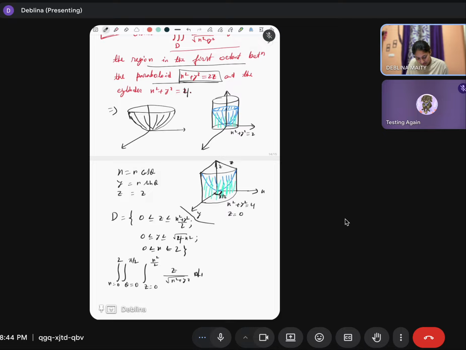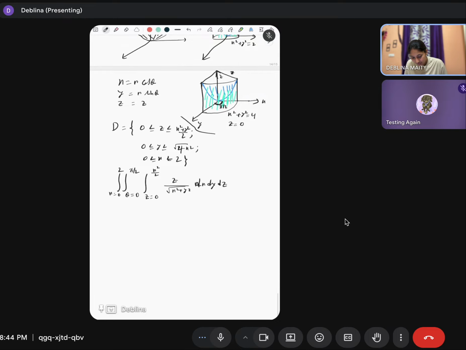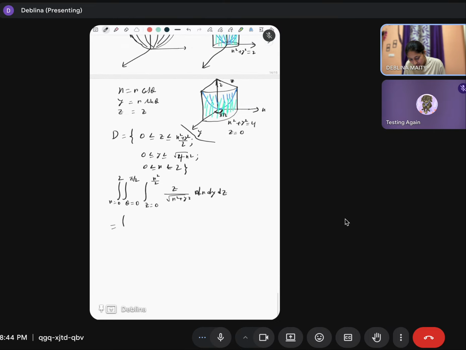So this is dx dy dz, and z goes from zero to r square by 2.